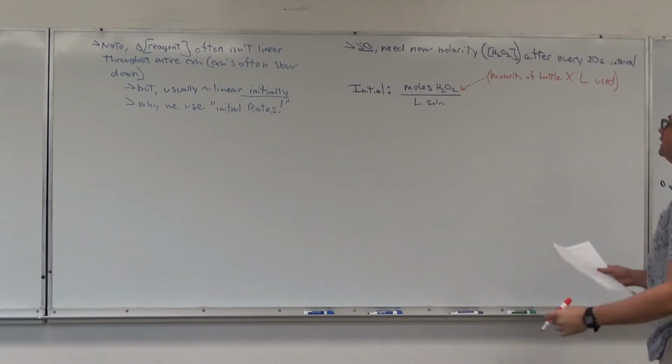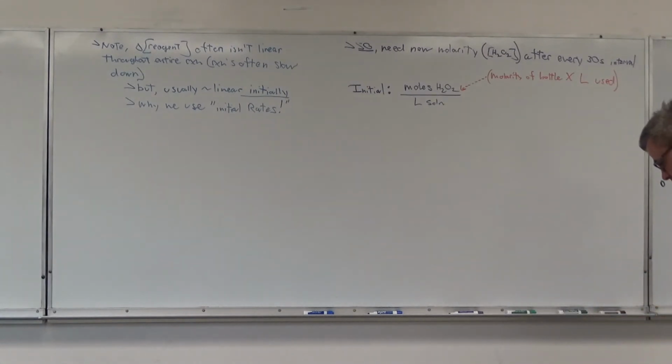Again, I don't remember off the top of my head. I think it's 0.01 liters and 0.02 liters for the hydrogen peroxide, and I think the potassium iodide is 0.015 and 0.030, but not sure.